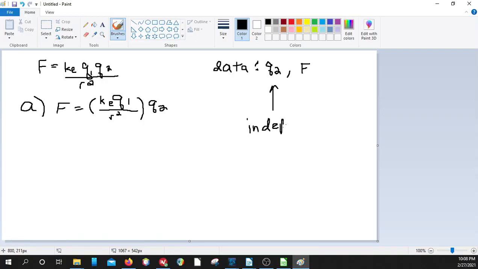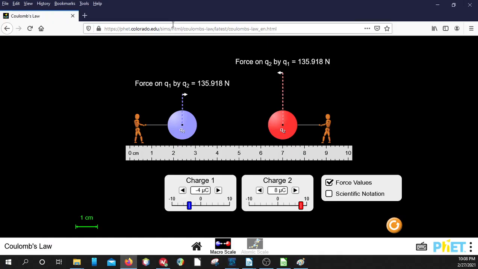It's a good idea to have in mind what our actual data is, because we have three variables, but Q1 and R are going to be fixed in this experiment. So let's bring up the lab.